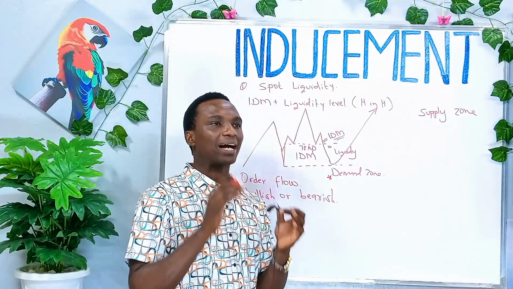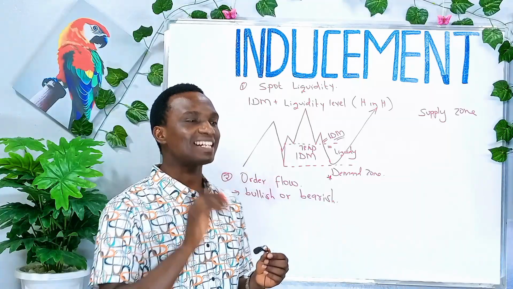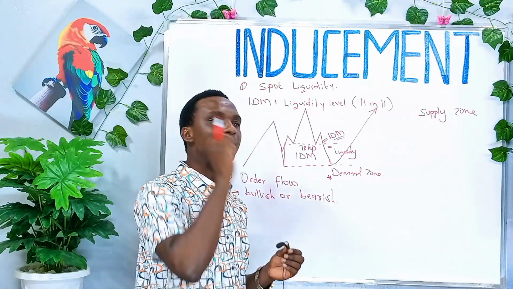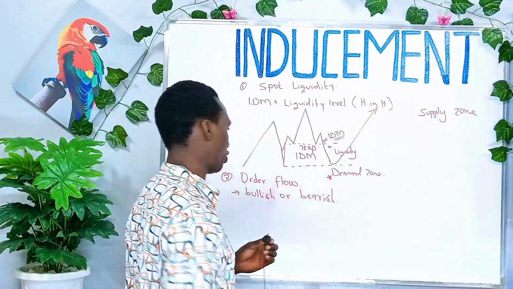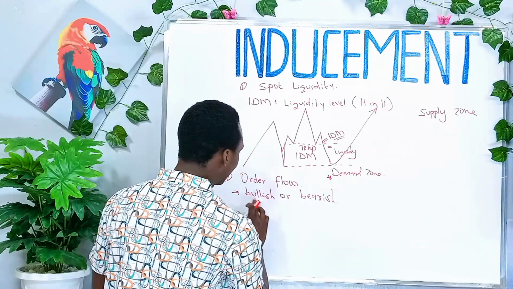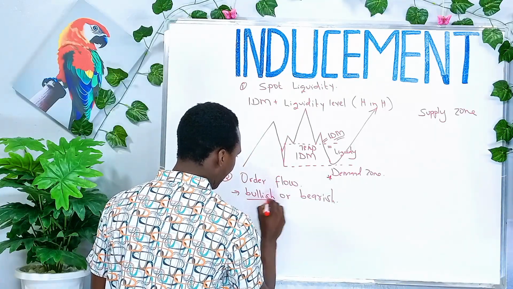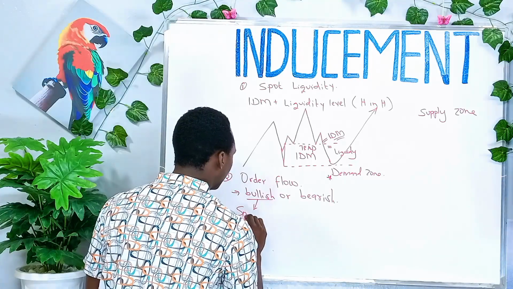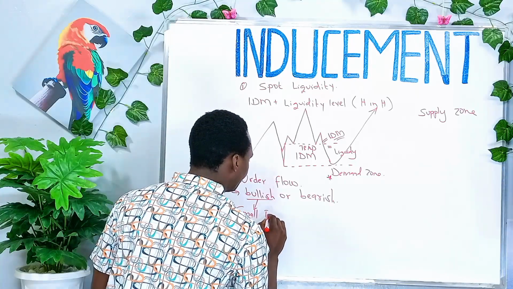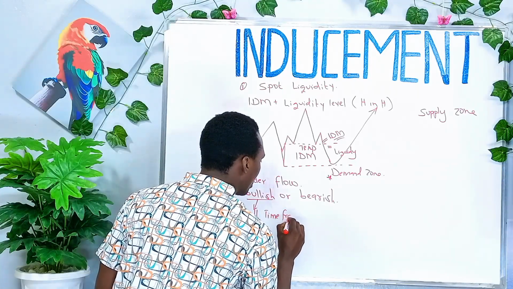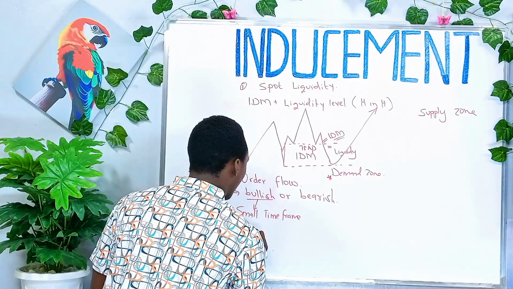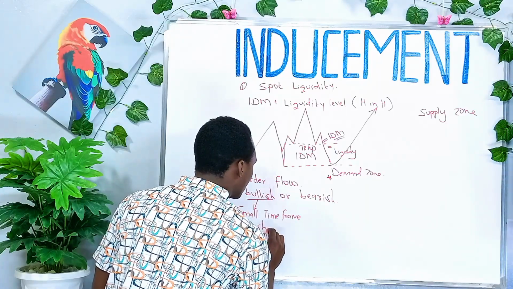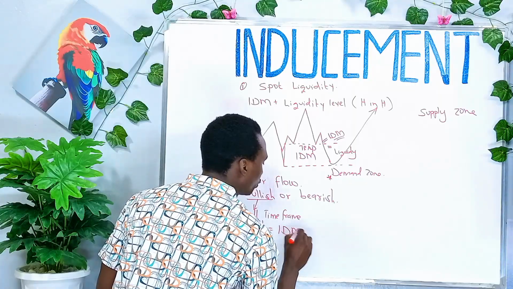If the market is bearish, then any bullish move on a smaller time frame could be an inducement. In any case that the market is bullish, and on a smaller time frame you have some bearish structure, just know that that one is an inducement.